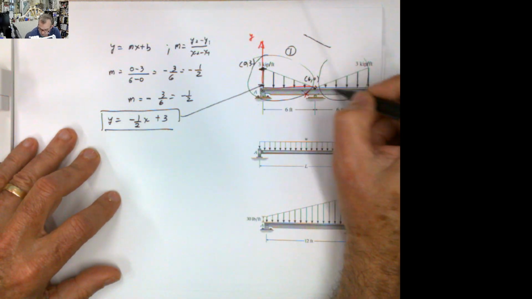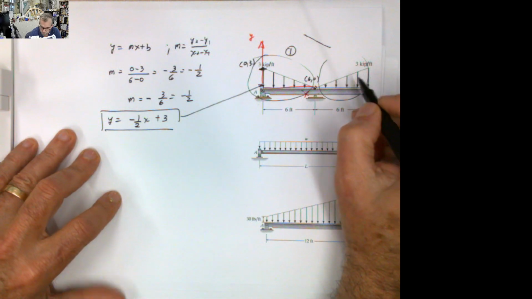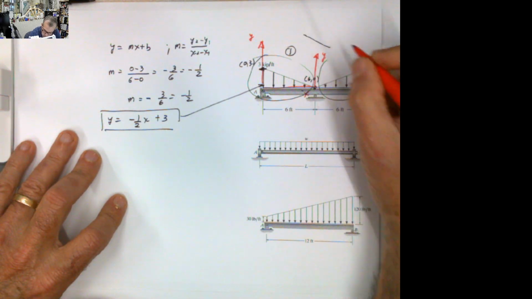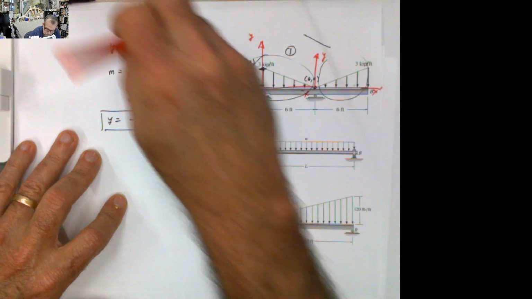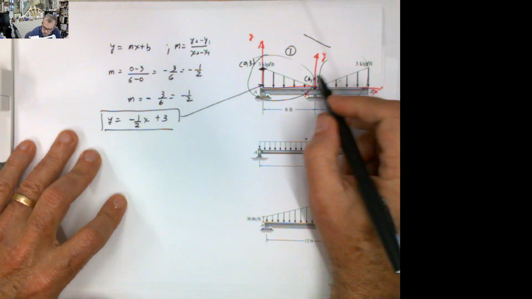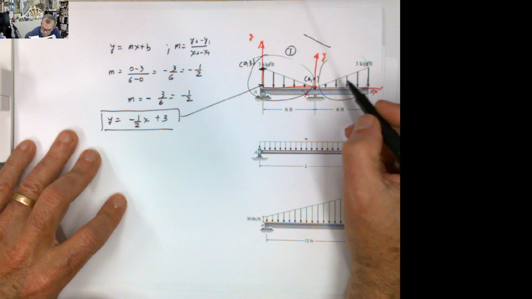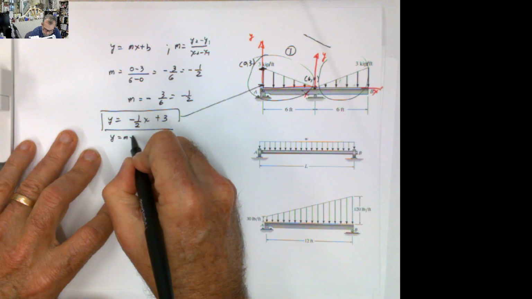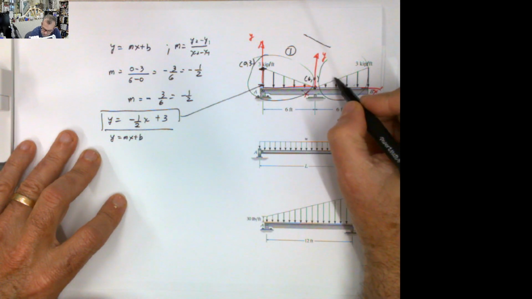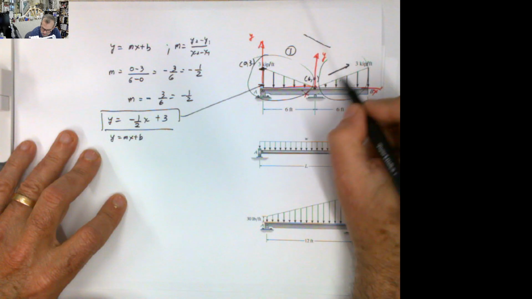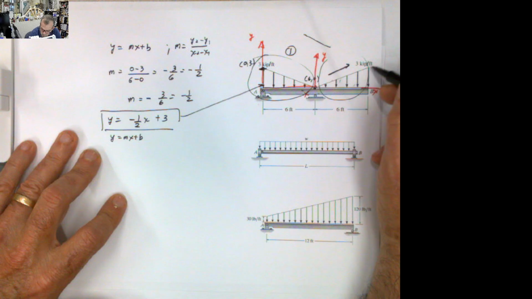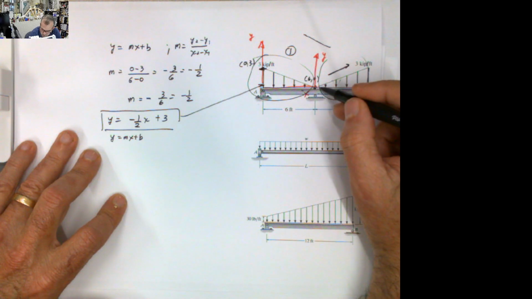Now let's try the equation for this load. You can put your axes of reference here, y and x. How do you get that equation? Very simple: y equals mx plus b. Now, this load goes in an ascending way, which means it's going to be a positive slope. What is the rise? 3. What is the run? 6.